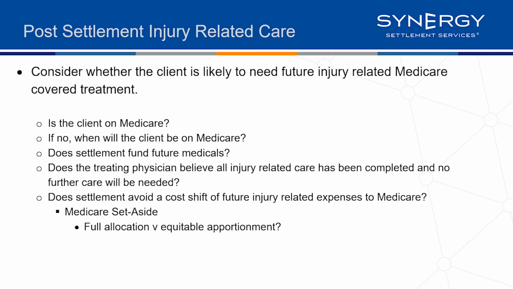If that is likely to occur, you want to avoid that since that is an improper shift, and you should consider the merits of securing a Medicare set-aside allocation. You can either fully allocate for future treatment or you can have an equitable apportionment from the settlement so that you have support for the figure that is carved out from the net settlement.